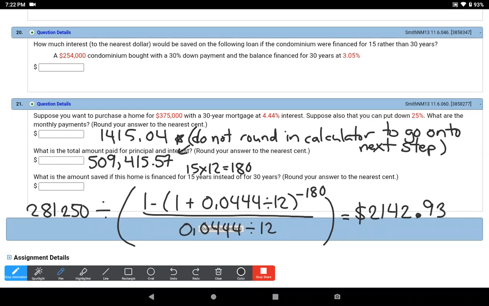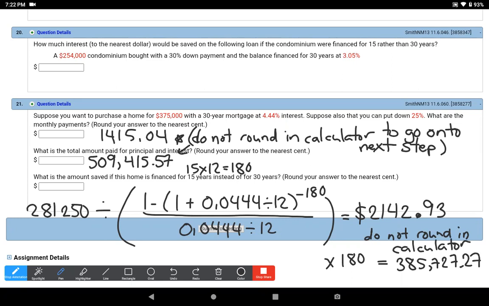But I would again say do not round in the calculator. But multiply by the 180 payments, right? So times 180. That means in total, these people will pay 385,727.27.